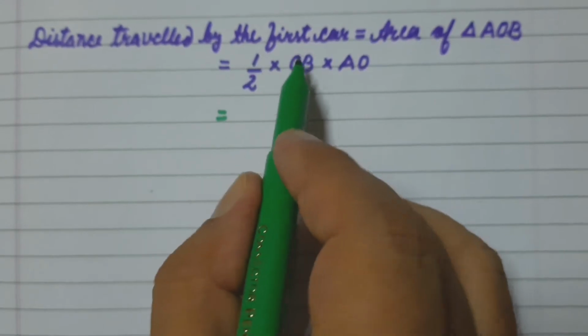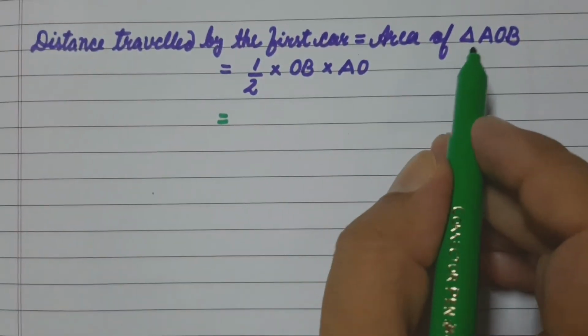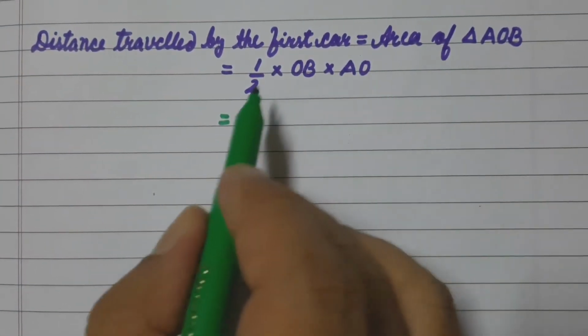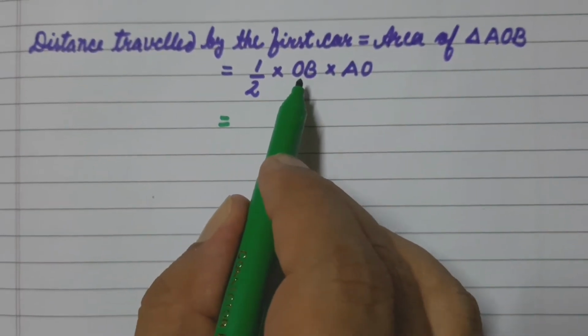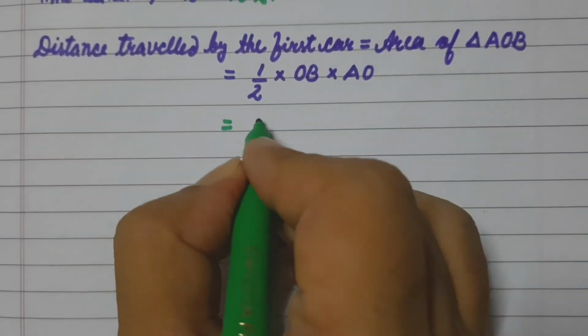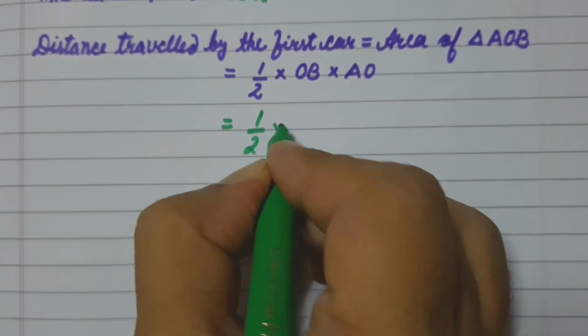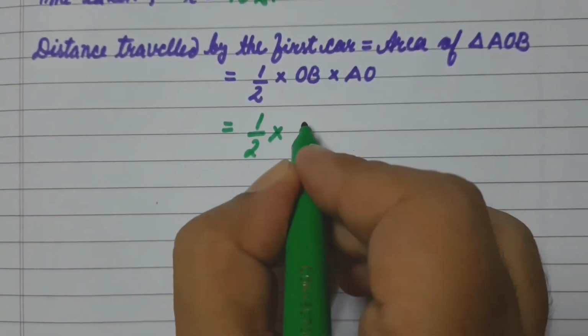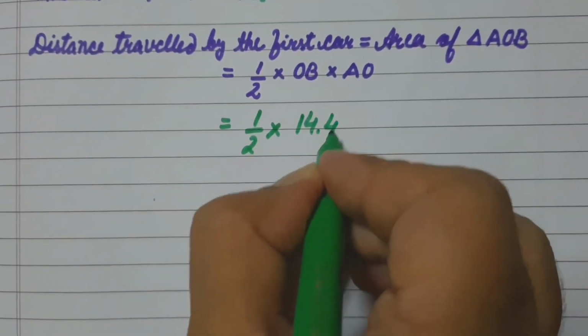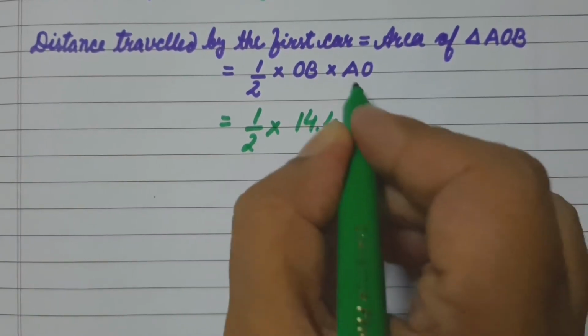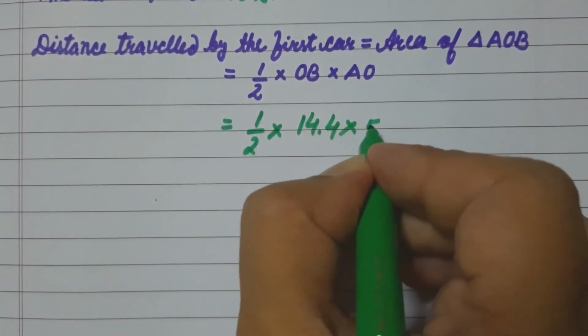Distance traveled by the first car is the area of triangle AOB, that is half into OB into AO. Half into OB is 14.4, into AO, that is time 5.